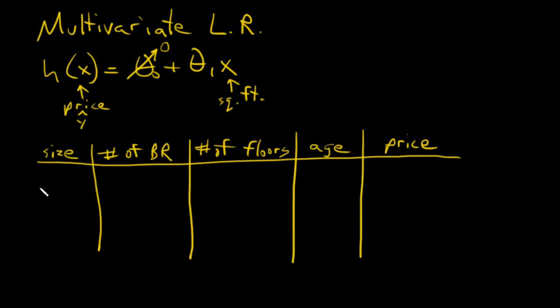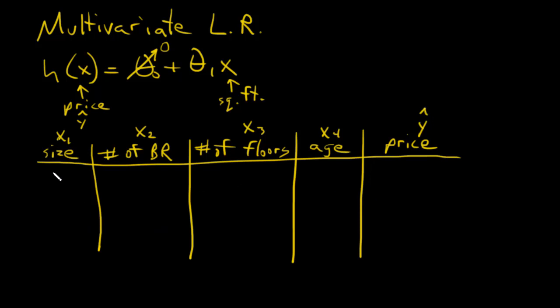Size is going to be our x1 feature, then x2, x3, x4, and then we're going to have our predicted y, which we can sometimes call y hat.